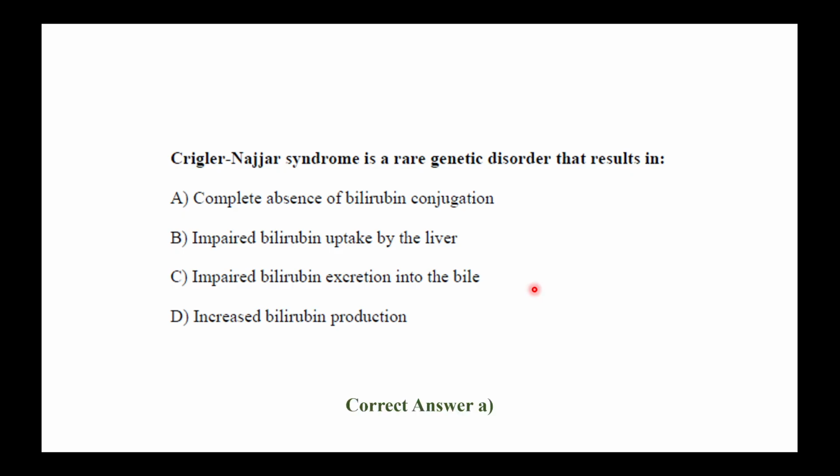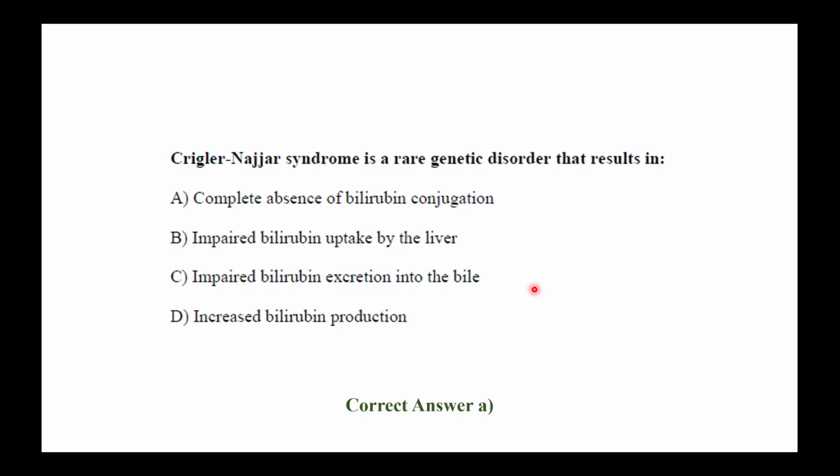The correct answer is option A, complete absence of bilirubin conjugation. Crigler-Najjar syndrome is a rare genetic disorder, and it is due to the complete absence of bilirubin conjugation. If you remember from the bilirubin excretion process, the bilirubin is conjugated with albumin, right?